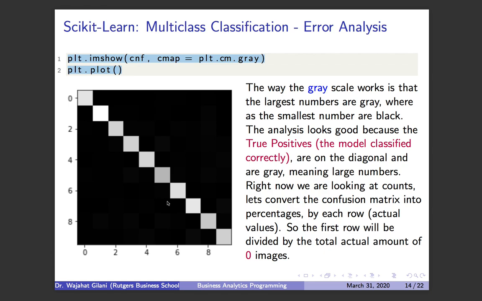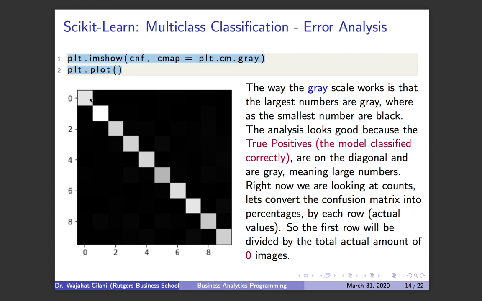We want to see what percent, because look, these are whole numbers, but let's say one class in our training data had a whole bunch of samples versus another class. Let's say there were like 10,000 in class 0, but class 9 only had about 100 values, and it had perfect prediction.